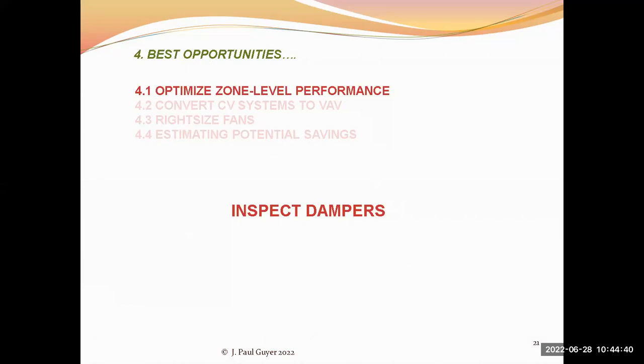And when the system is first designed and installed, it's routine to have a testing and balancing subcontractor come in and adjust these dampers in the ductwork system to provide the quantities of air in the spaces that are called for by the design of the system.